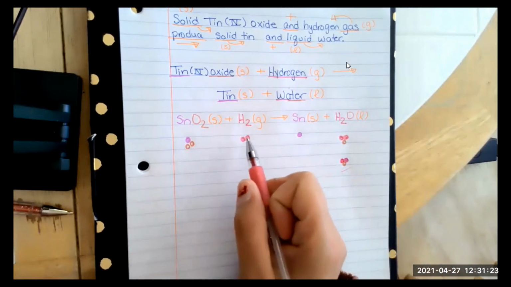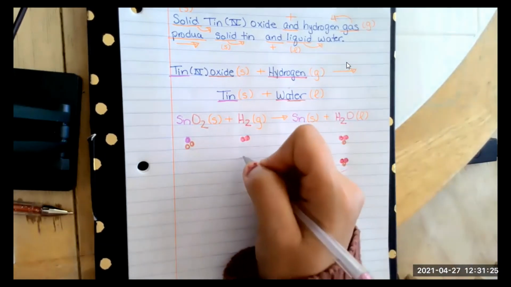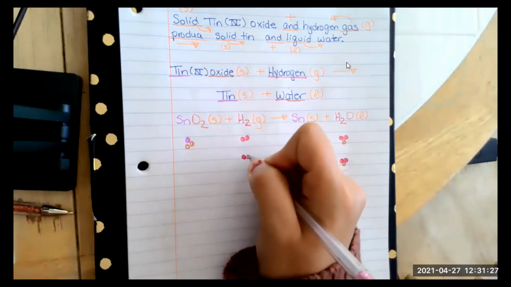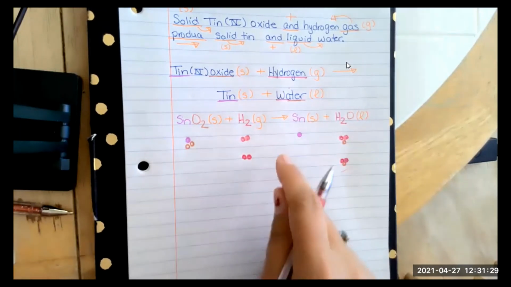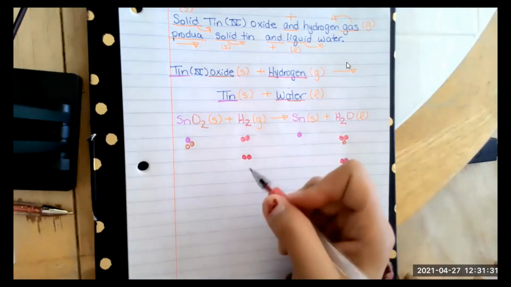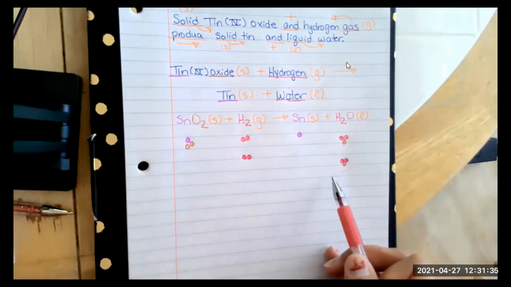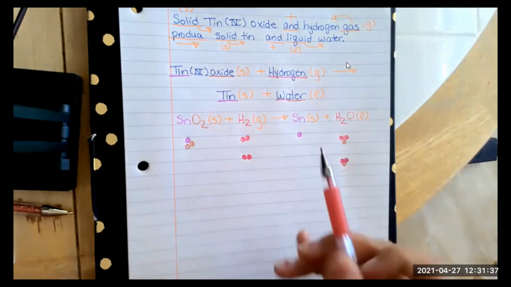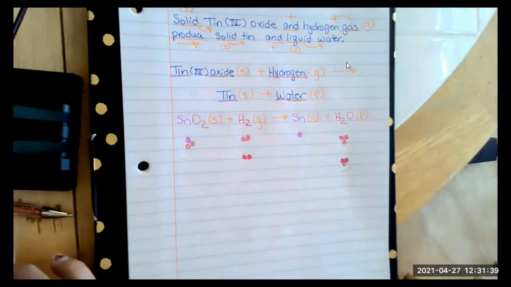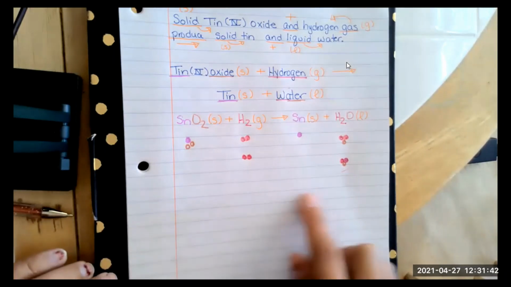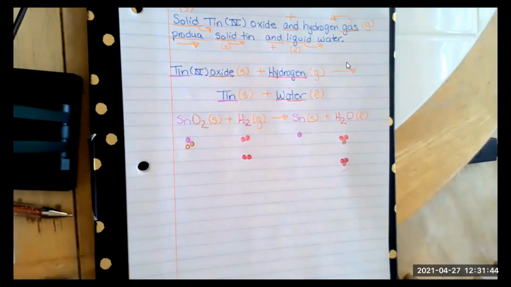I have 2 over here. I need 4, so I need to make another molecule so I can get 2 more, because this comes in pairs of 2. So I have 2, 4 hydrogen, 2, 4 hydrogen. I have 2 oxygen, 2 oxygen, 1 tin, 1 tin. I'm balanced. So now I can go ahead and write my balanced equation underneath, which is 1.